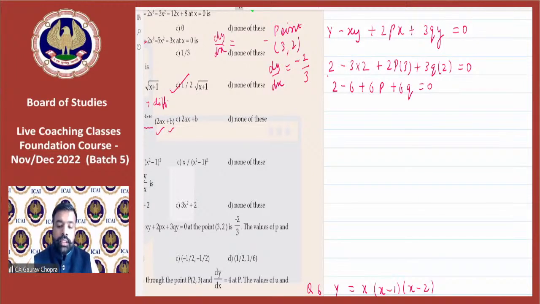So the equation is 6p plus 6q, or we can take 6 as common. 6 times p plus q is equal to 4. So we can cancel them. So it will be p plus q is equal to 2 by 3.